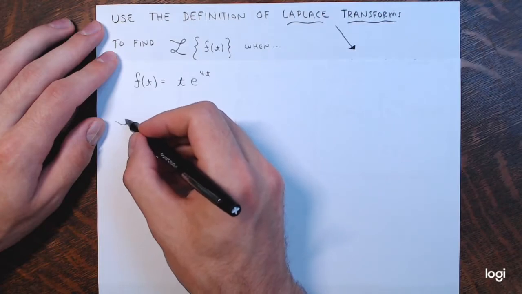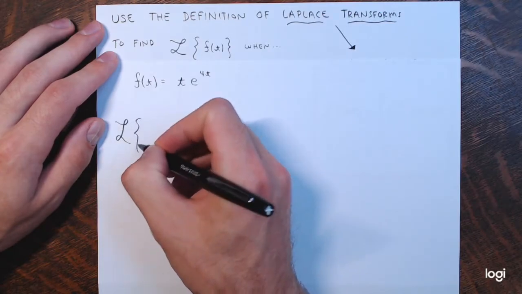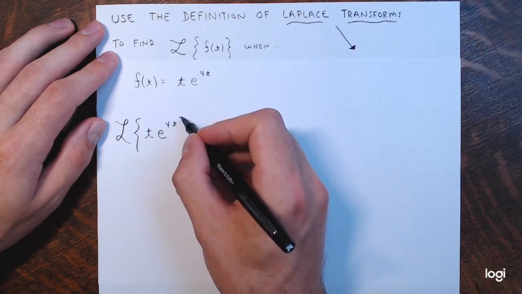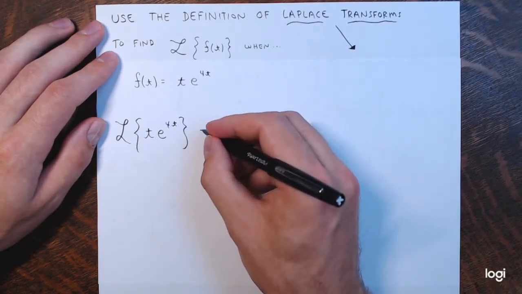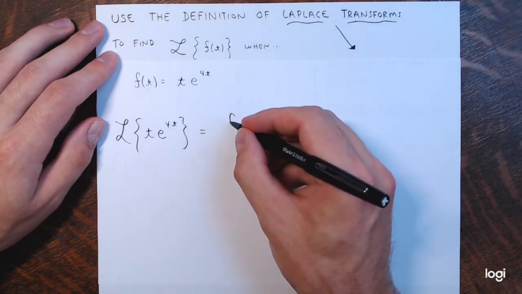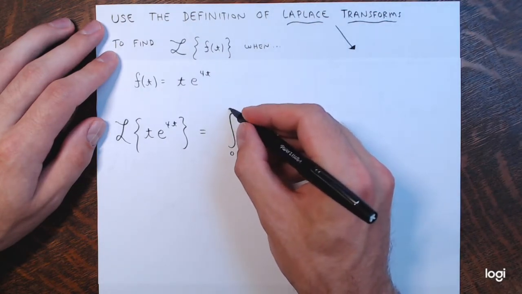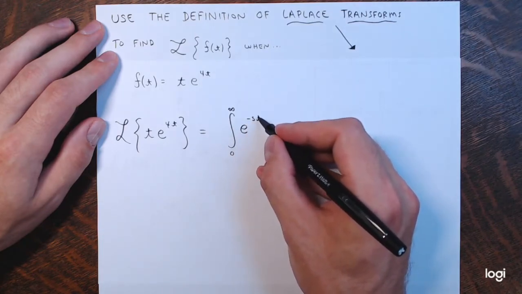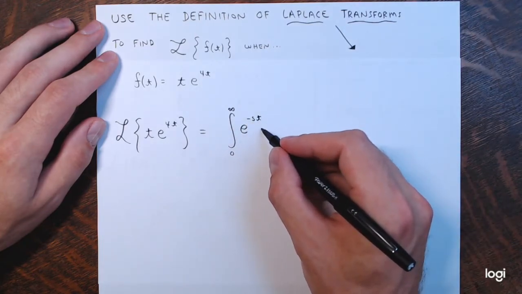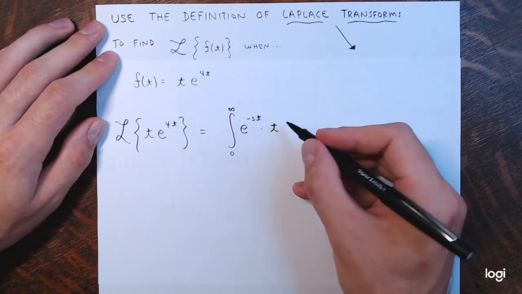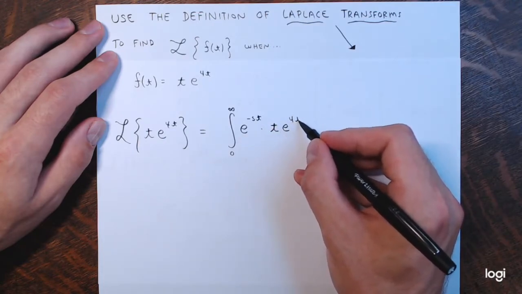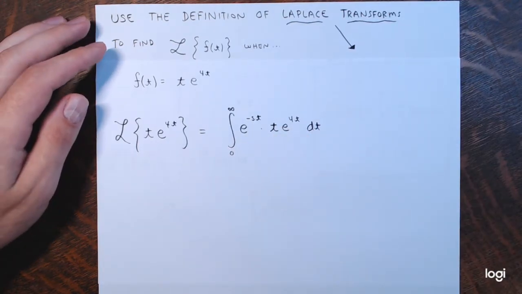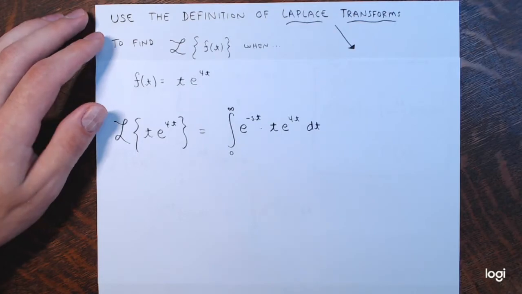So again, the Laplace transform of t times e to the 4t is yet again, set it up, the integral from 0 to infinity of e to the negative st times the function t e to the 4t, with respect to t. And again, this should end up being a function of s only.